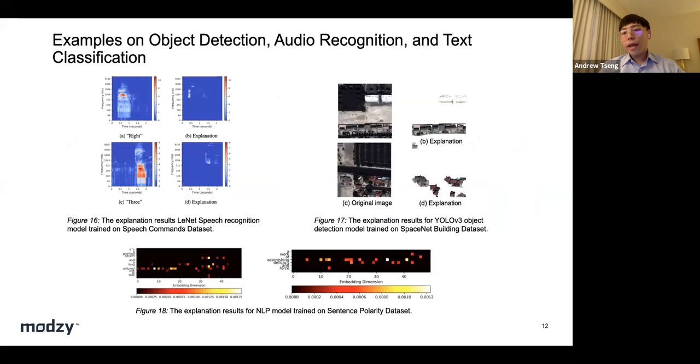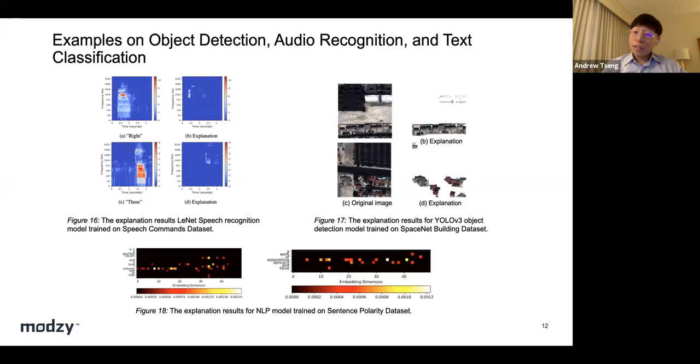Our AXAI solution not only works on image classifiers, it also works on object detection, YOLO V3. It also works on audio recognition and NLP models. So let me explain those. Figure 16 shows the explanation results of a speech recognition model called Lynette.